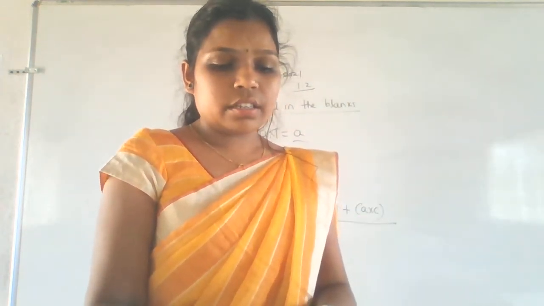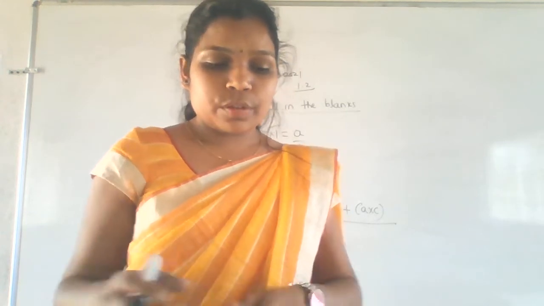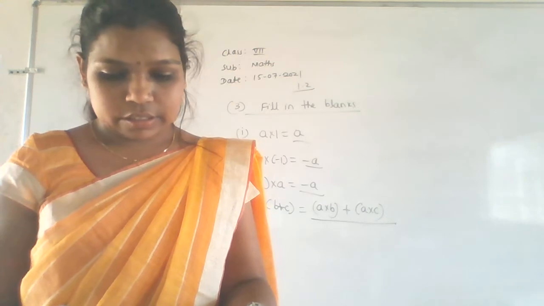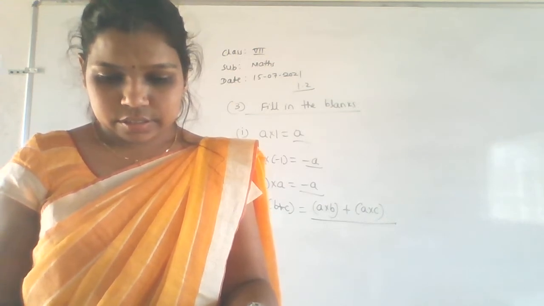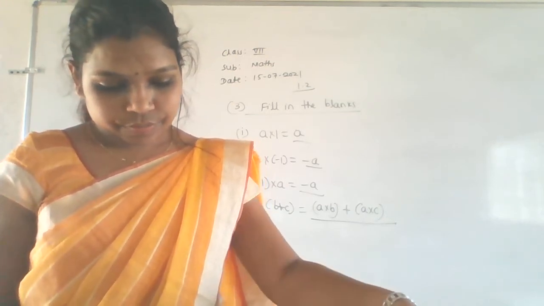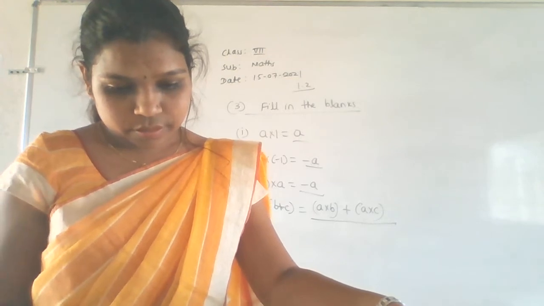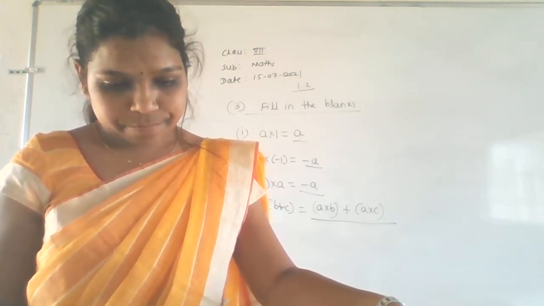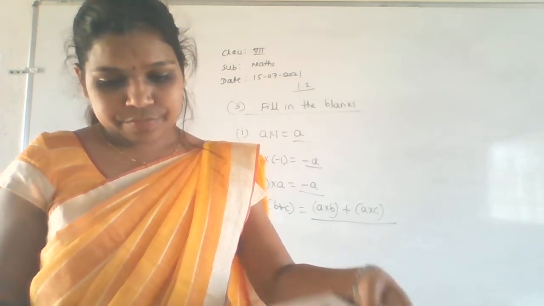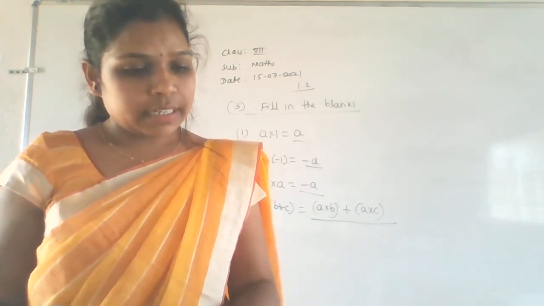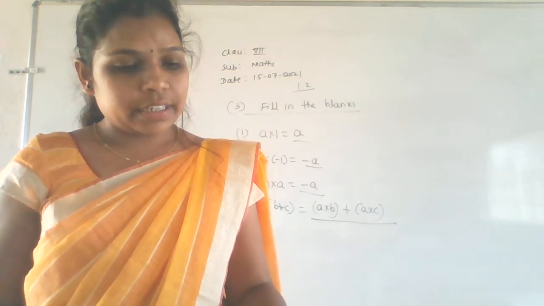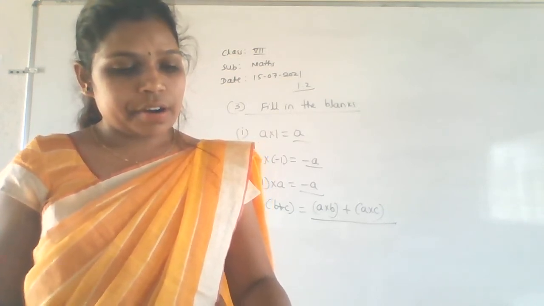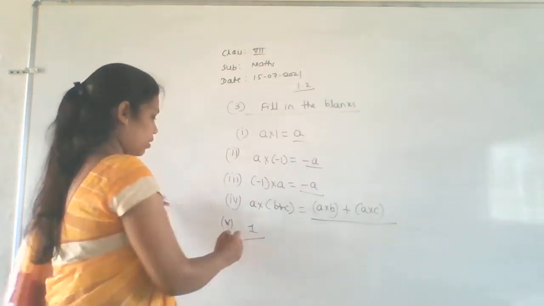That will be the reciprocal of the number. So how can we write it here? Wait one second. Multiplicative inverse for an integer other than 1 does not exist. Write: does not exist.